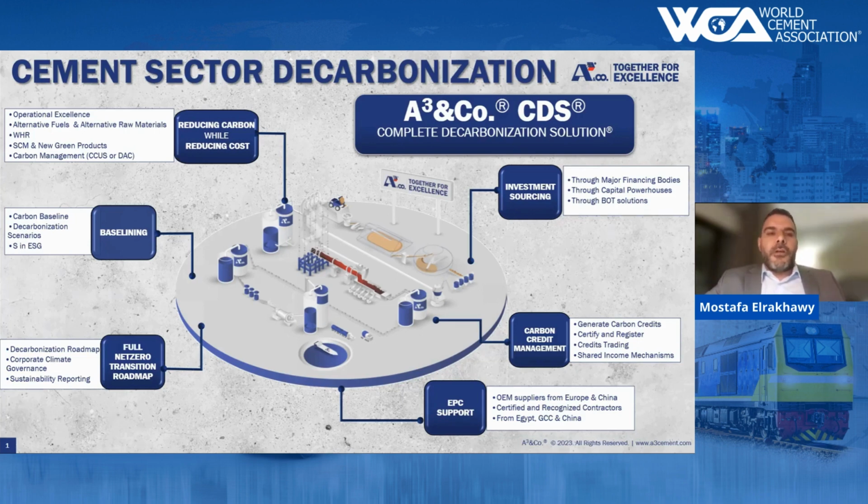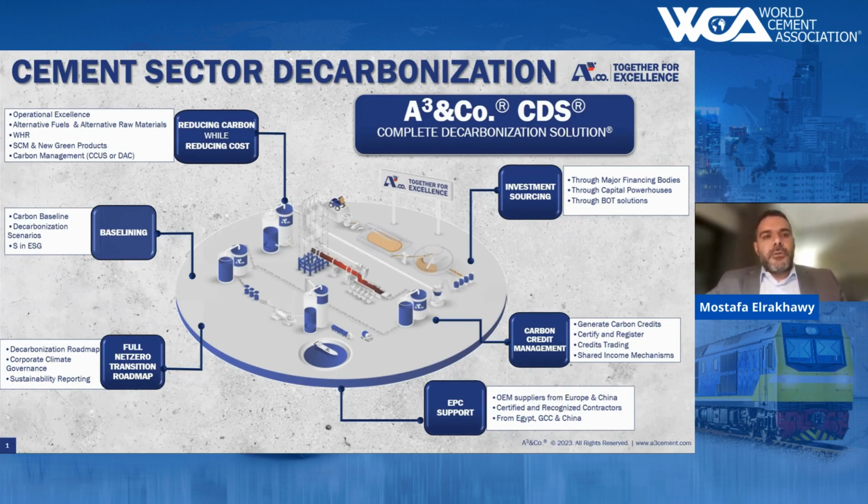We of course prioritize the cost reduction projects for the cement plant, and then come the cost added projects as well. All of this is usually done with the cement plants in a complete decarbonization road mapping and strategy.